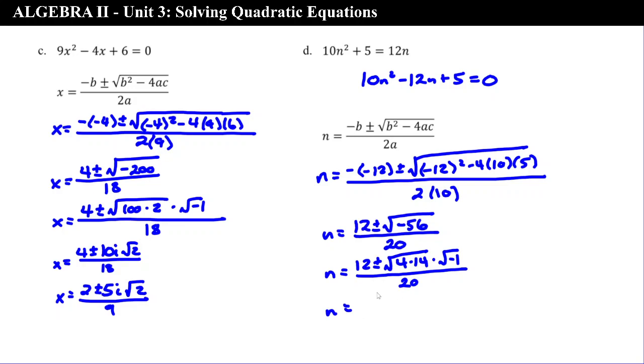So we end up with 12 plus or minus 2i square root of 14 over 20. And finally, if we reduce everything, 6 plus or minus i square root of 14 over 10.